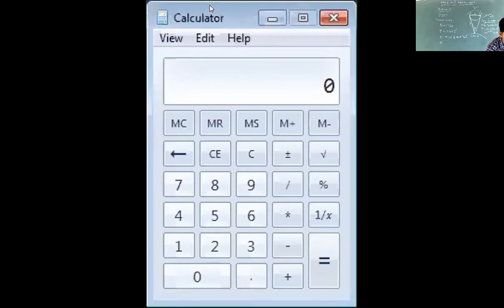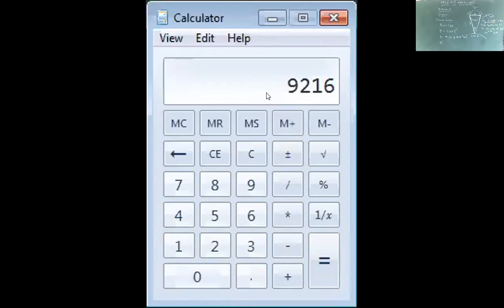So we have 1920 into 4.8. This will be equal to 9216.